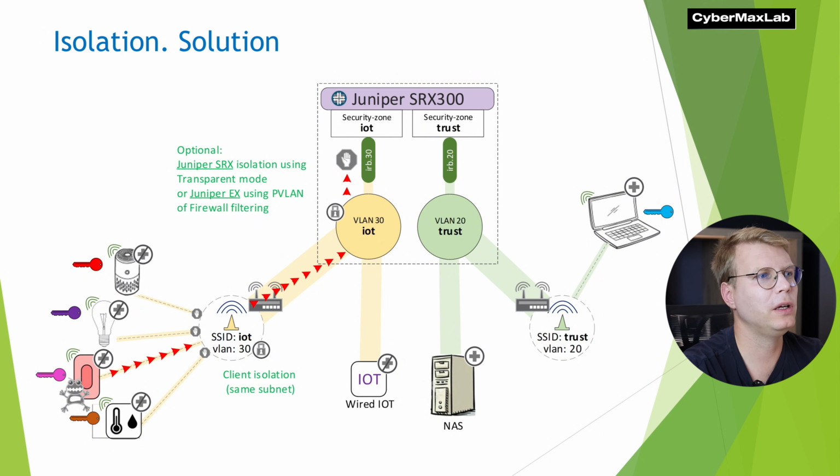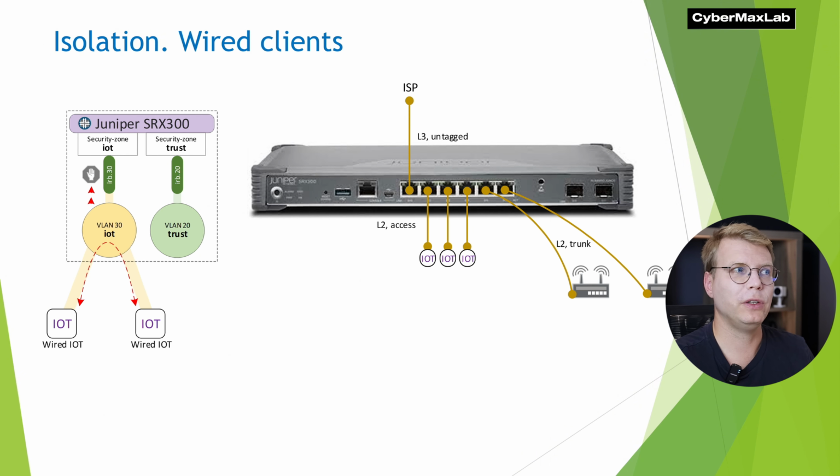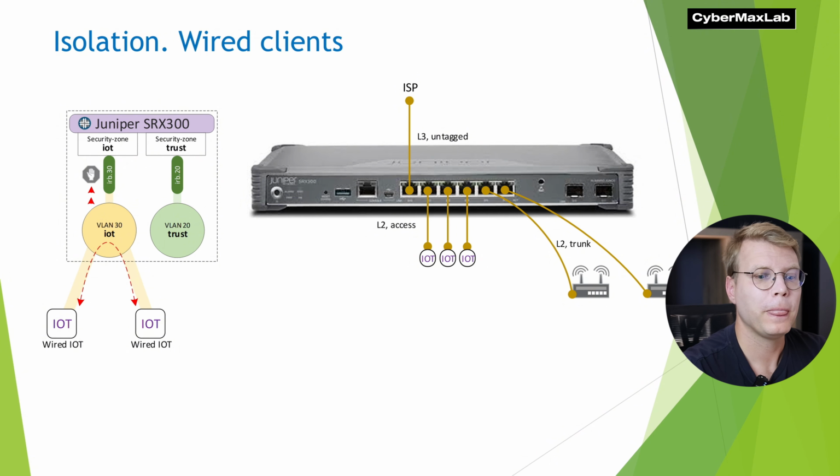So let's look a little bit closer. Again, imagine that you have wired clients, not only wireless IoT devices, but you have also wired IoT devices. It can be wired sensors, it can be something else. Again, it doesn't matter. And let's have a look at how this specific Juniper branch series SRX is working.